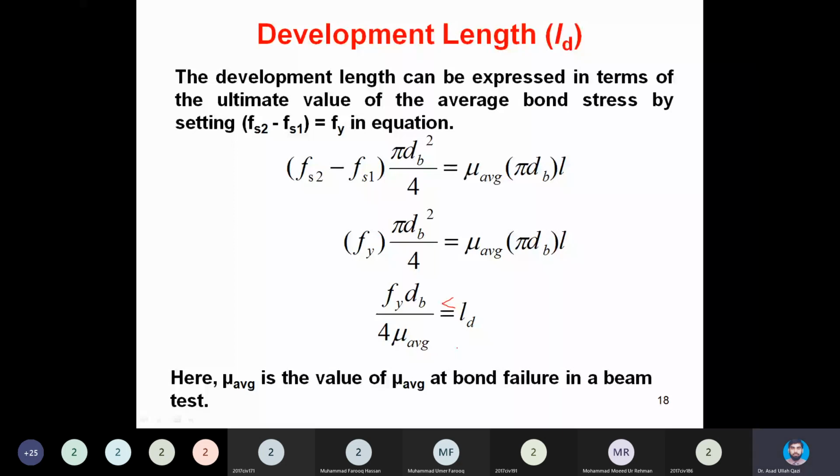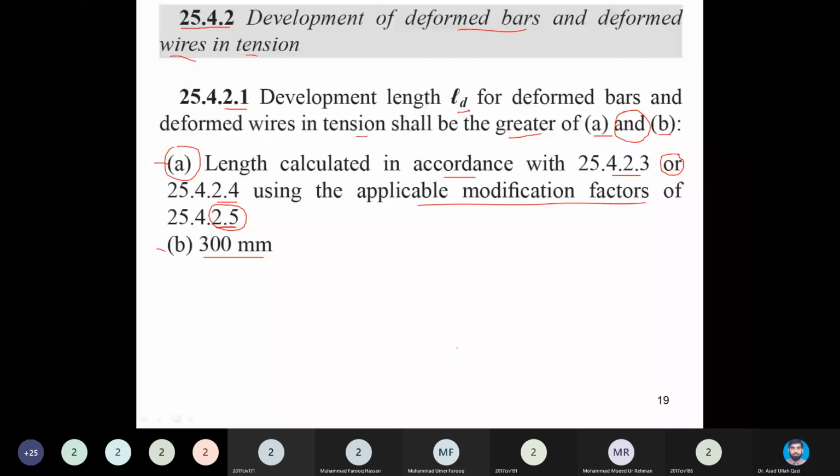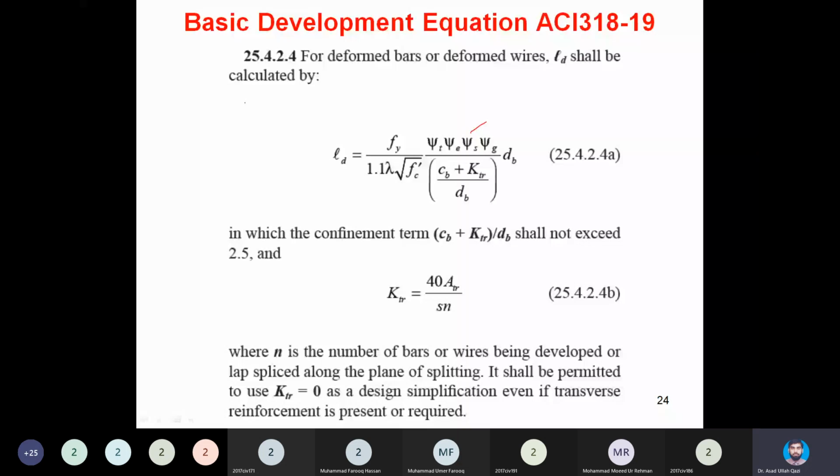Now, I mentioned on slide number 19 that in accordance with either 2.3 or 2.4, now it is time to discuss the other ACI proposed equation, which is 2.4. Now in equation 2.4, if you look at the journal framework, still Fy, dB and Fc prime are present according to the journal concept: directly proportional to Fy, directly proportional to dia, inversely proportional to square root of Fc prime.